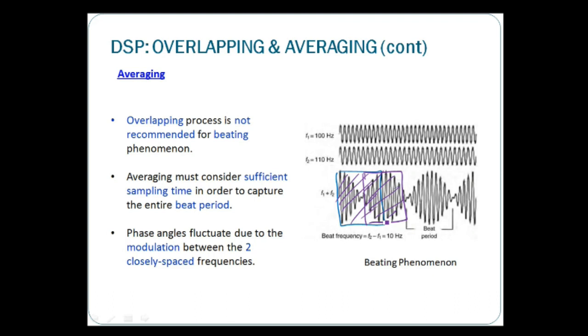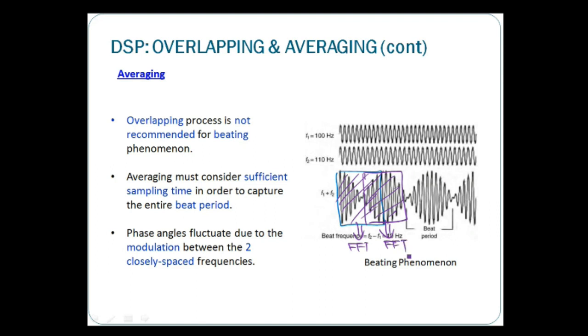So that is the reason when you do overlapping and your signal is not steady. In this case, it's going up, high, low, like this, due to this beating phenomenon, or what we call very close frequencies coming in. Then you will have an issue because the FFT of the first block and the FFT of the second block will probably give you different information.